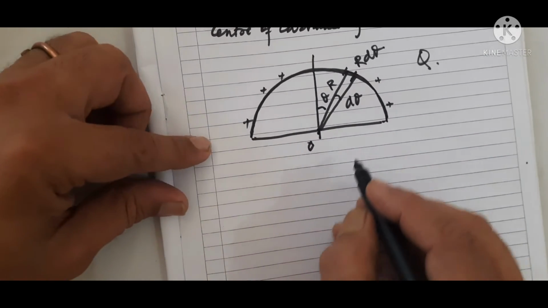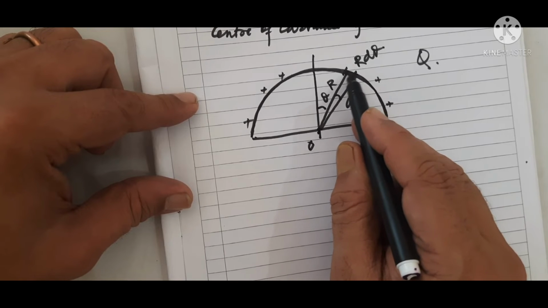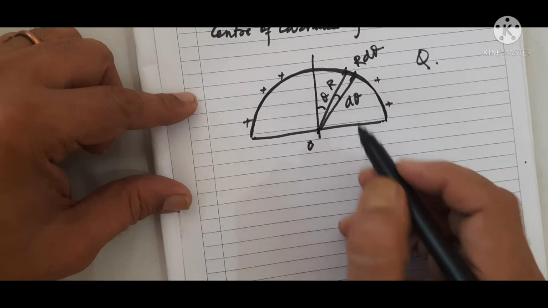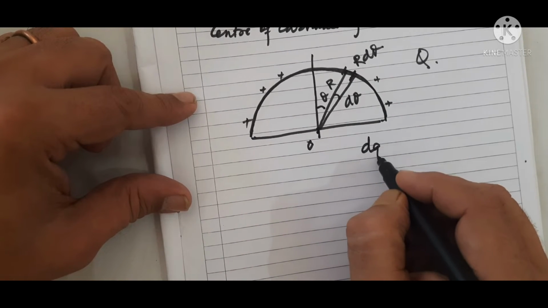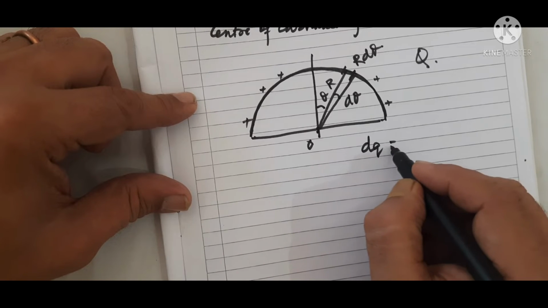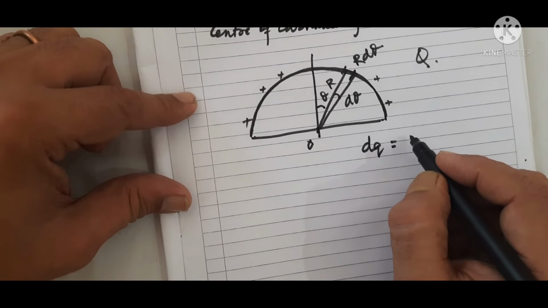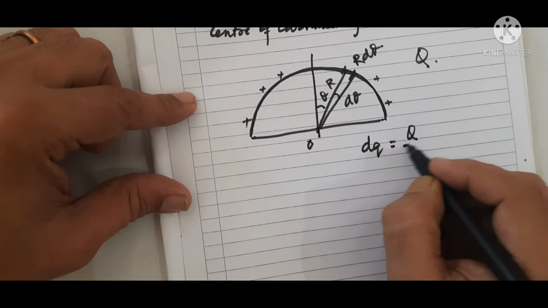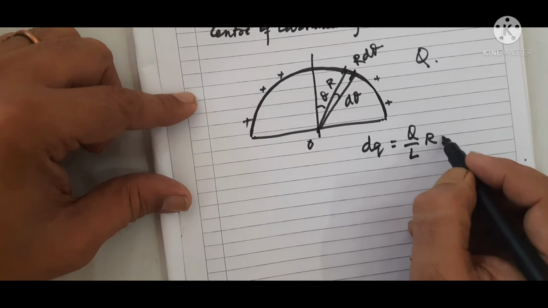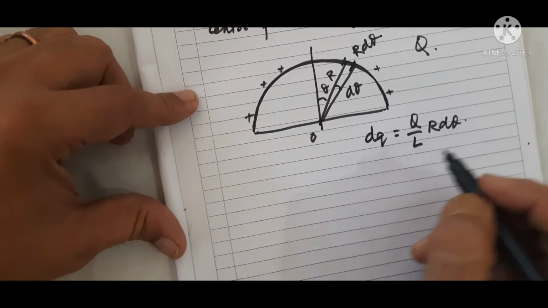So definitely, what should be the charge on this small piece? dq is equal to q by L r d theta. How does it come?